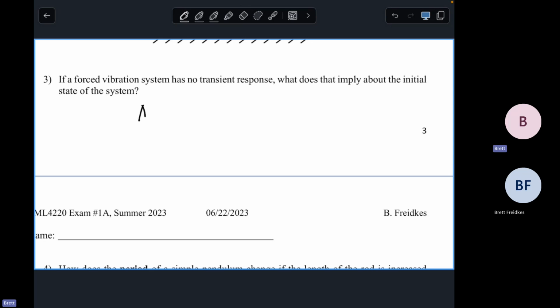So the answer to this is no initial conditions, or x naught is 0 and v naught is 0. Does that make sense? Remember, steady state is based on the force. Transient is based on initial conditions. If there's no initial conditions, there's no transient. That's it. Doubts about that?